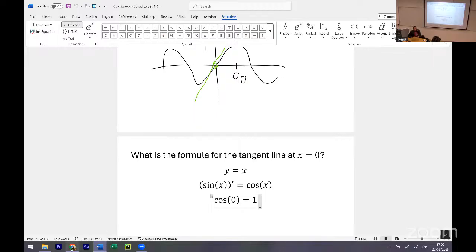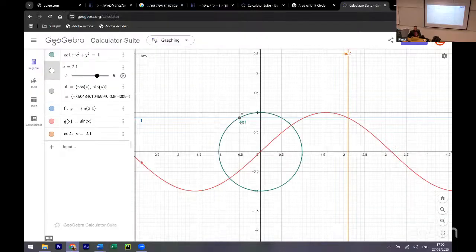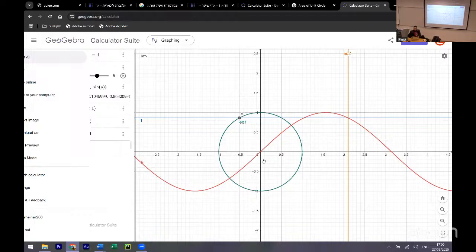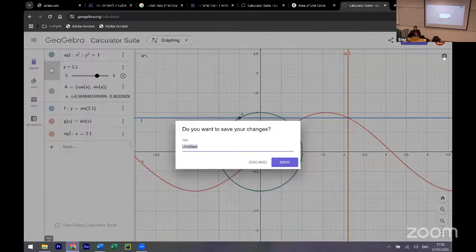Now let's look at the GeoGebra. I'll clear all that here.